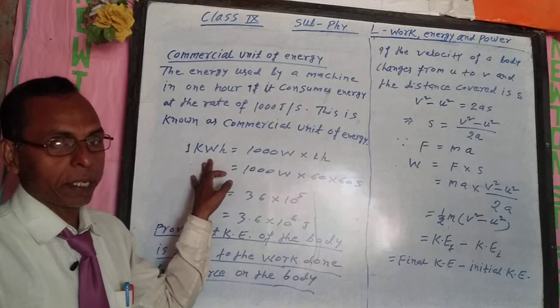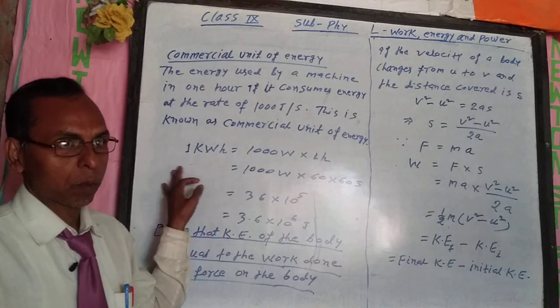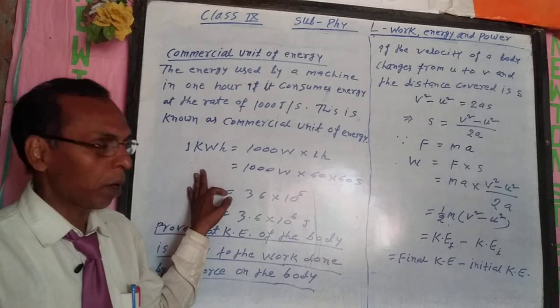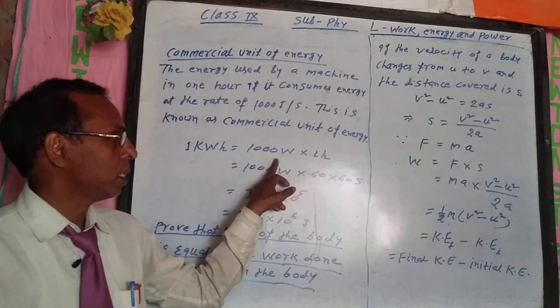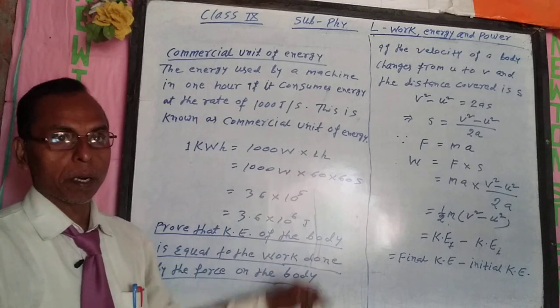1 kilowatt hour is equal to 1000 watt into 1 hour.